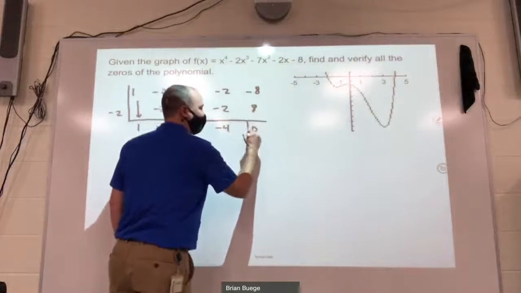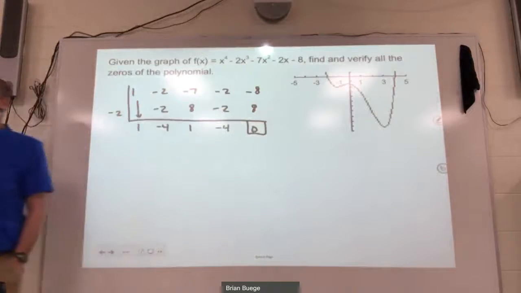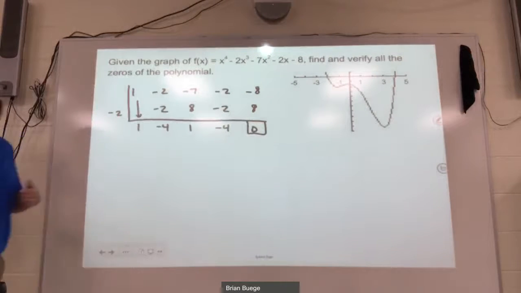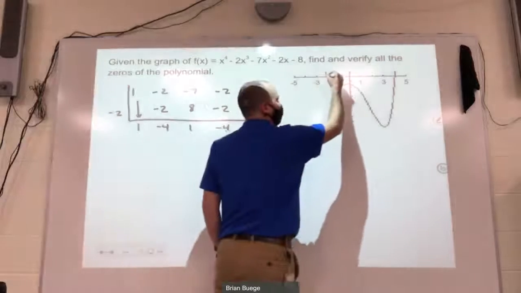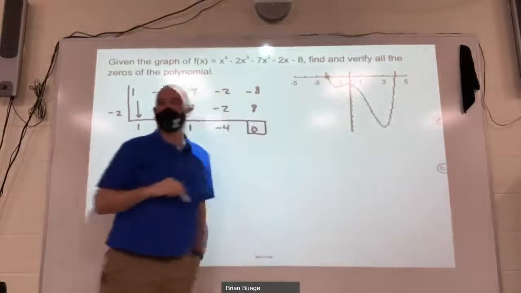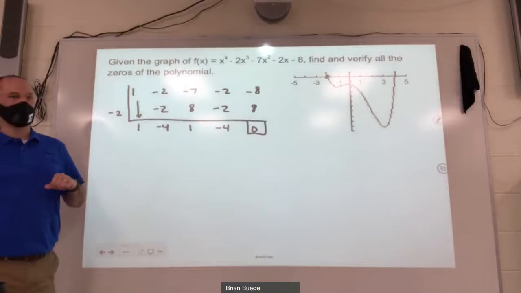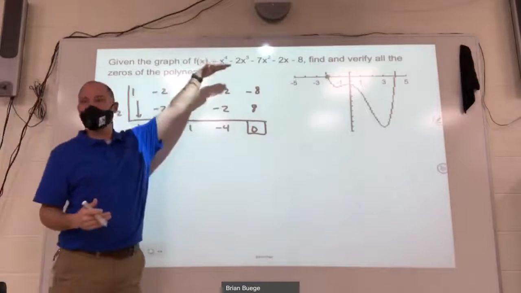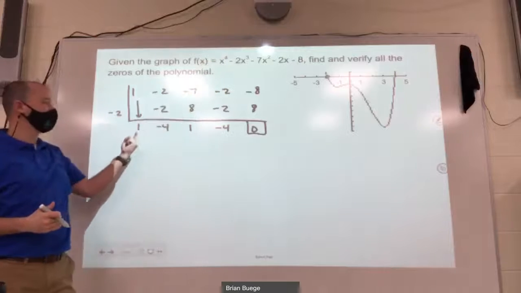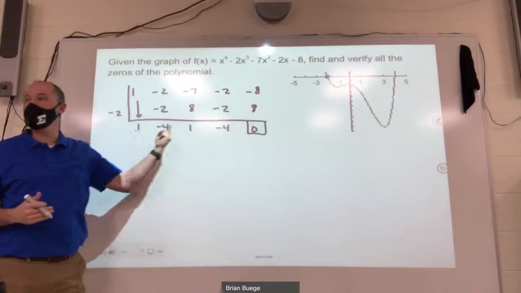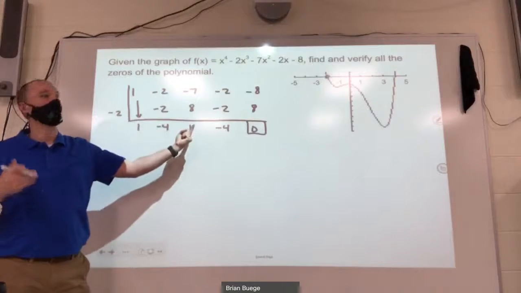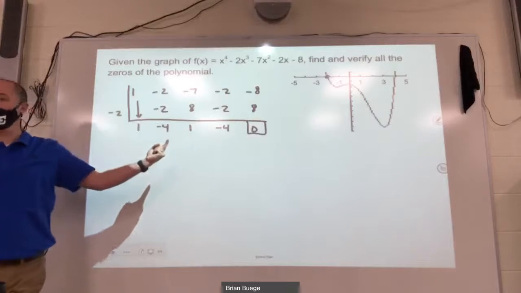And sure enough, I get 0 as my remainder, which we knew it should have been, because we knew it's on the x-axis, we can see it on the graph. Okay? So we knew we were supposed to get a remainder of 0. So remember, we started with a 4th degree, which means now these are the coefficients of a cubic function, which means I'm not quite there yet. So we got to get down to a quadratic.